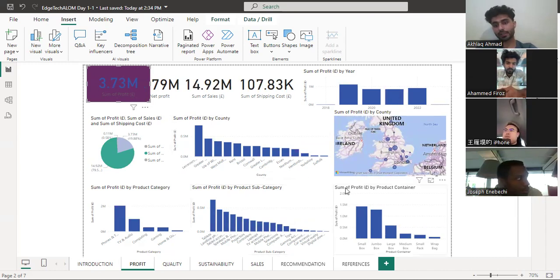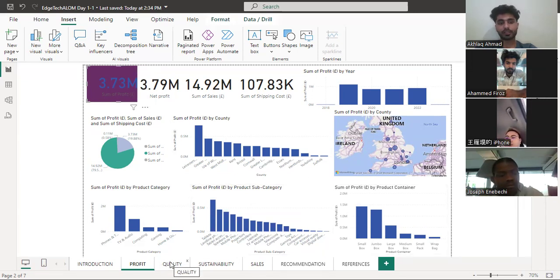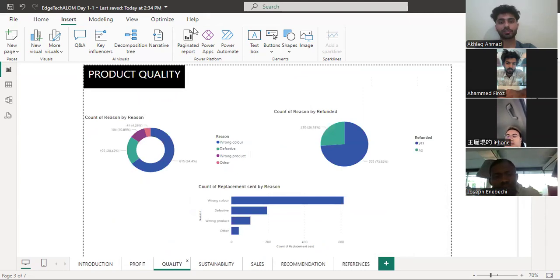The last one is sum of profit by product container, where most of the products are delivered in a small box and then in the jumbo box, and very few are delivered in the wrap bags. So that's from my side, and now we are going to explain the second KPI, quality.